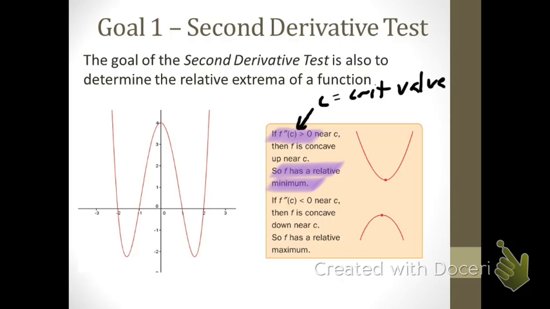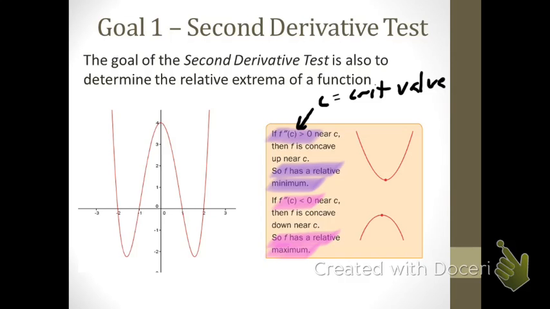And you can see from that graph there the function was concave up at that critical value, so there's a relative minimum. And then of course, if you plug in a critical value c into the second derivative and it gives you something less than 0, if the second derivative is negative at that critical value, then the function is concave down, and that would mean that f has a relative maximum value, as you can see from the picture to the right.